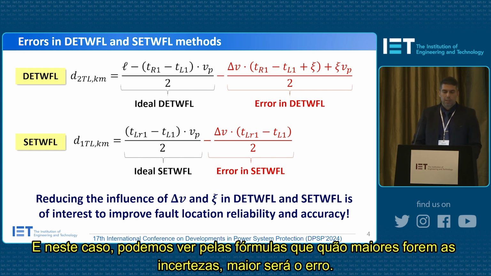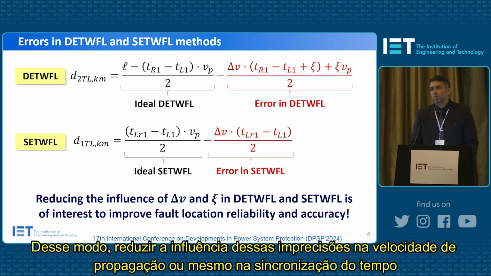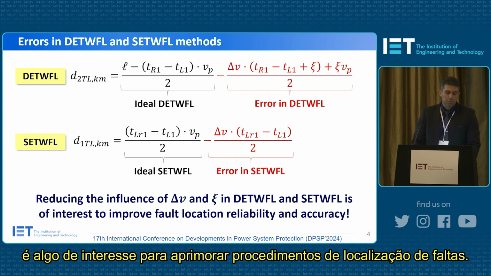And in this case, we can see from these formulas that the higher these uncertainties, the greater is the error, such that reducing the influence of these inaccuracies in propagation velocity or in the time synchronization is very welcome to enhance fault location procedures.